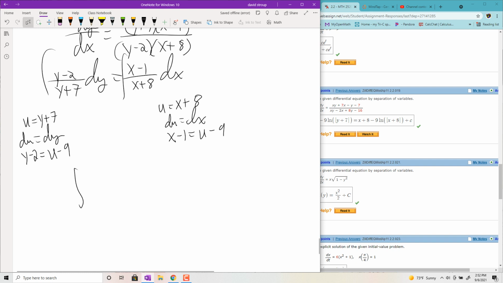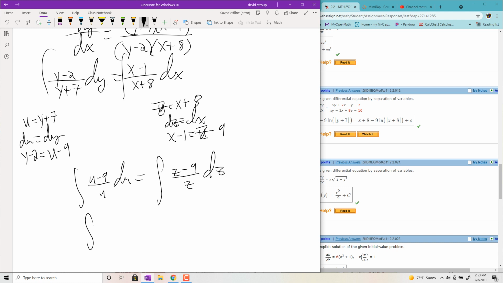And then I can integrate, so I'll have u minus 9 all over u du equals the integral. Let's use a different letter than u. So I'll have z minus 9 all over z dz, if these guys were all z's. And then I can butterfly those, so 1 minus 9 over u du. Over here, 1 minus 9 over z dz.